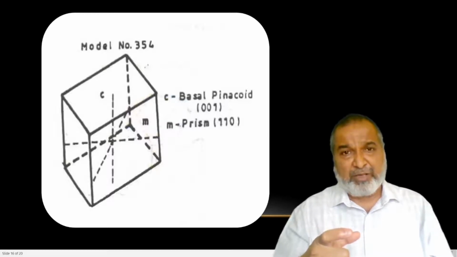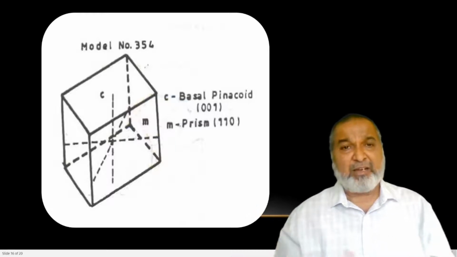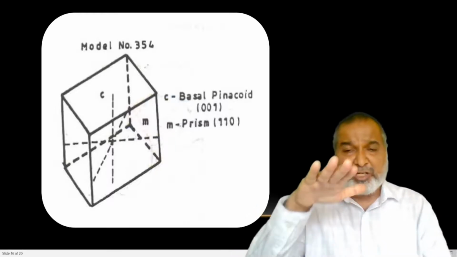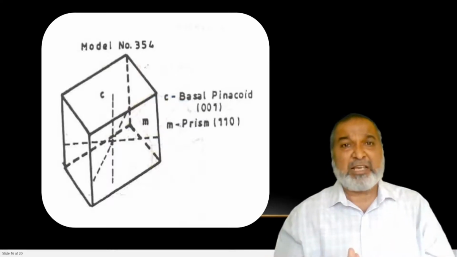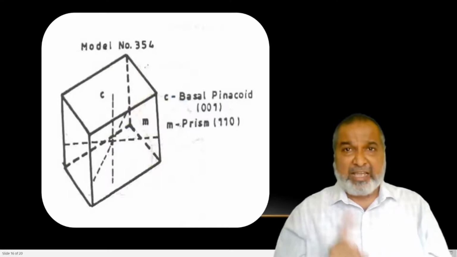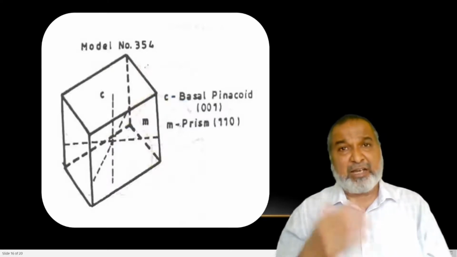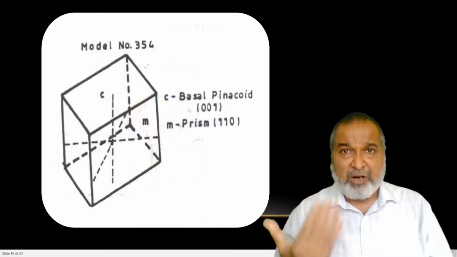The shorter A axis is going upward, B is running from right to left, and C top to bottom. The top and bottom is the basal or C pinacoid, whereas the four vertical faces are the prism, which cuts both the horizontal axes A and B at equidistance and remains parallel to the C axis, because it is a vertical face.